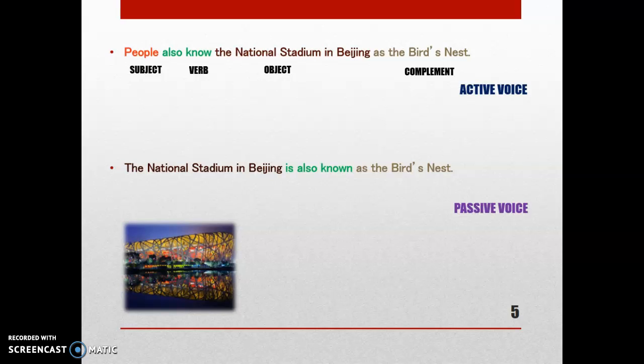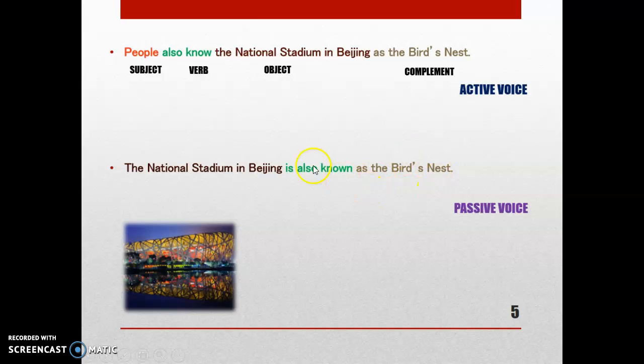It's like having it as a pronoun. Is also known. Know is irregular. If we look for it in the irregular verbs list, you will find that known is the past participle form of the verb, or the third column.